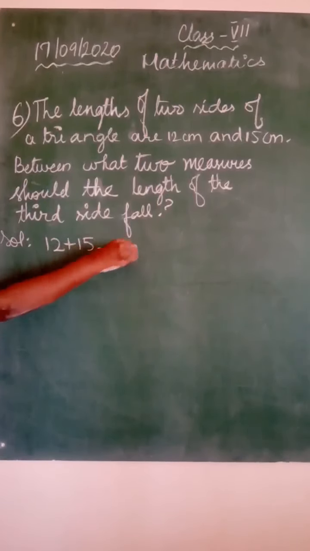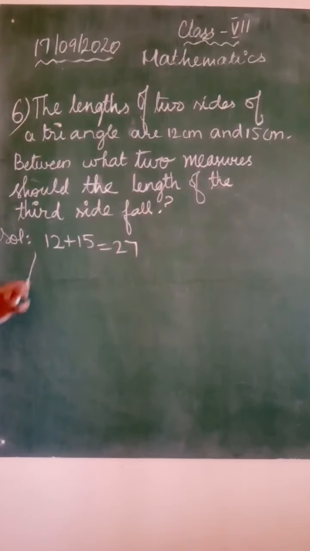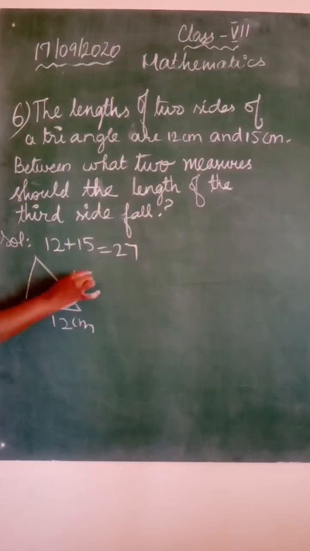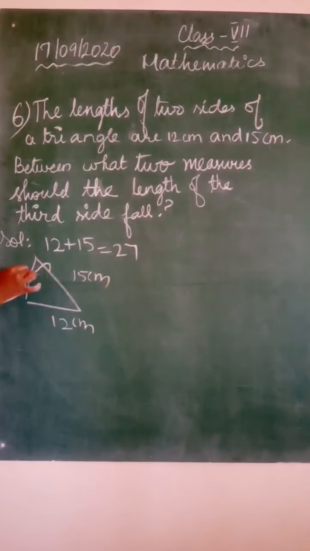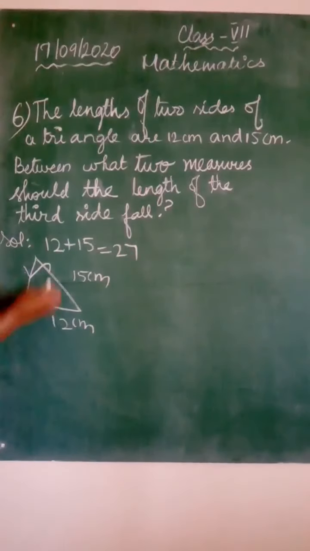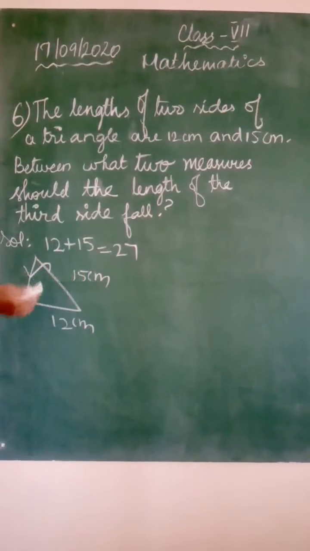Equal to 27. So the third side should be less than 27. Yes or no? Yes. Sum of 2 sides is greater than the third side.